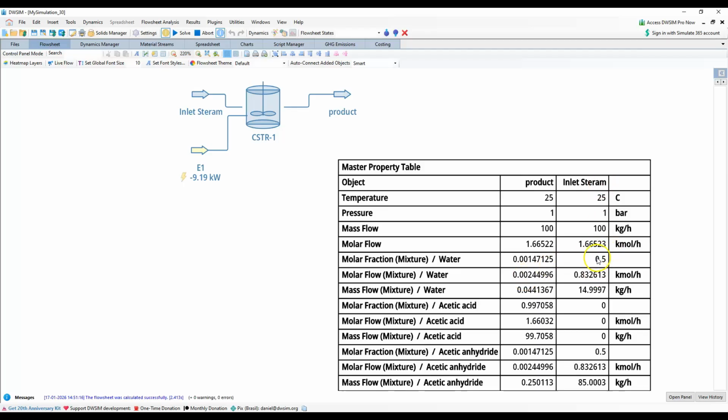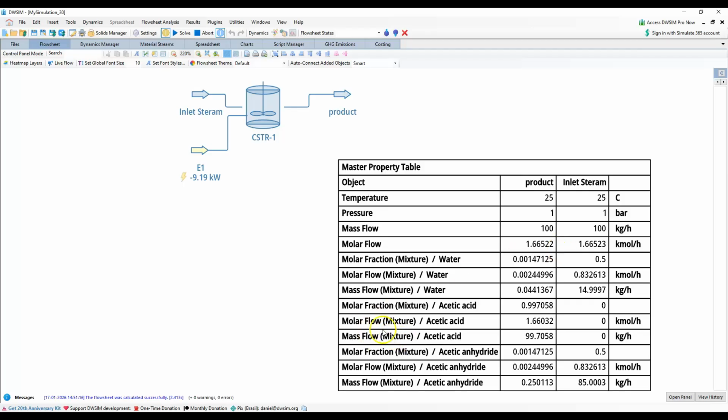As for water, at the inlet the molar fraction is 0.5, so the molar flow is 0.8, and if you convert kilomole to kg, that is 14.99, like 15 kg. Again, the molar fraction of acetic anhydride is 0.5, and acetic acid is 0 in the inlet, and the molar flow rate is 0.8326 kilomole per hour.